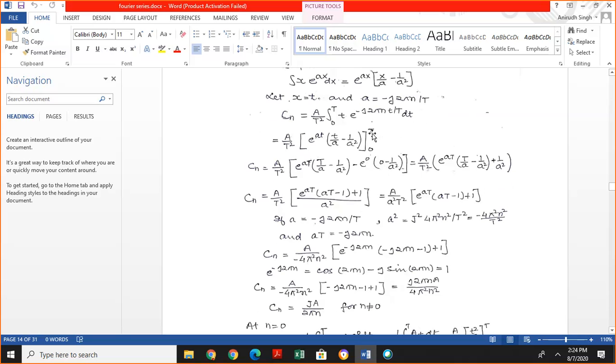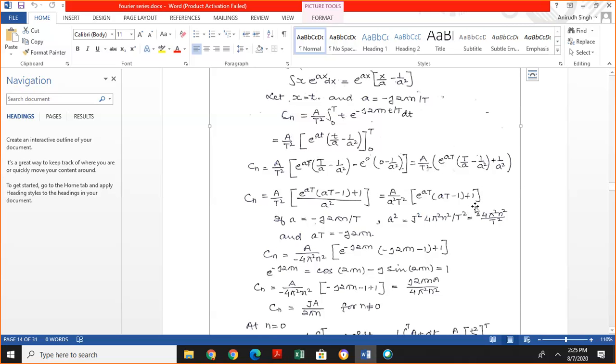If we substitute the limits of this integration, we get exponential aT times T by a minus 1 by a square, minus the exponential 0 term, where t is 0, minus 1 by a square. So we get A divided by T square times this expression, and when we solve this equation we get the final expression.